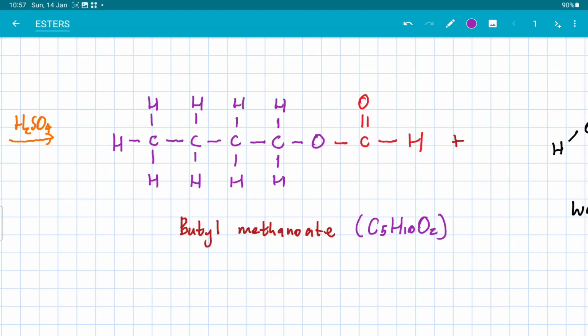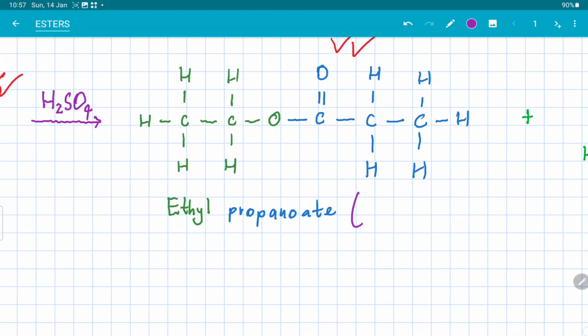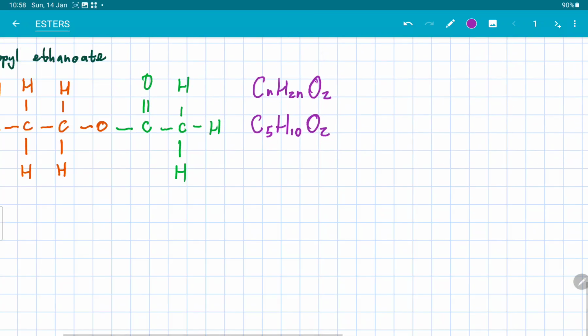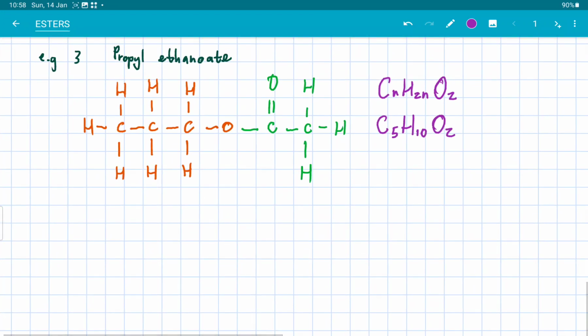These are structural isomers. Anyhow, these two, ethyl propanoate is also 1 2 3 4 5 here. Coincidental, as long as they have the same molecular formula, C5H10O2. This is just a coincidence, people. This is just an example.